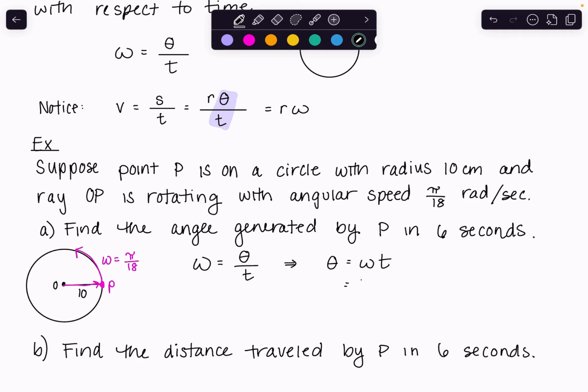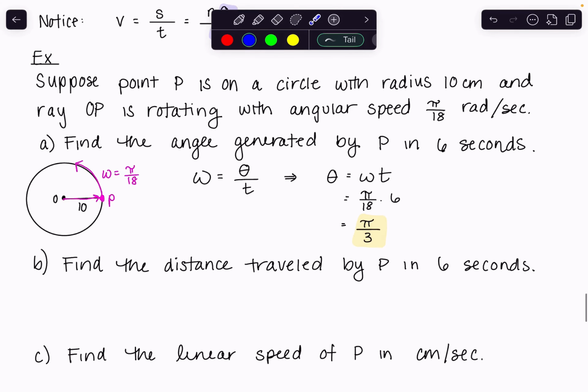So the angle is pi over 18 times 6, because that's how long this is going for. And then 6 over 18 simplifies, so our angle is going to be pi over 3. Okay. So after 6 seconds, this will create a 60-degree angle moving at that particular speed.